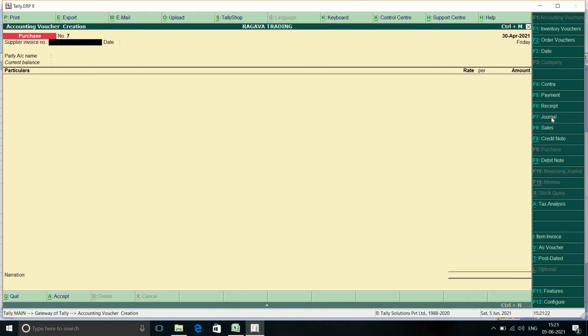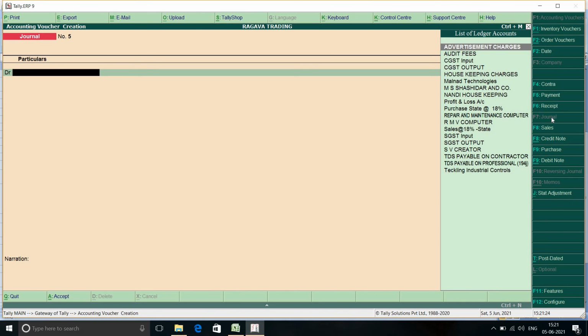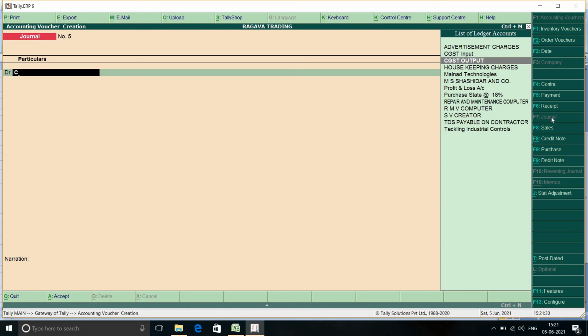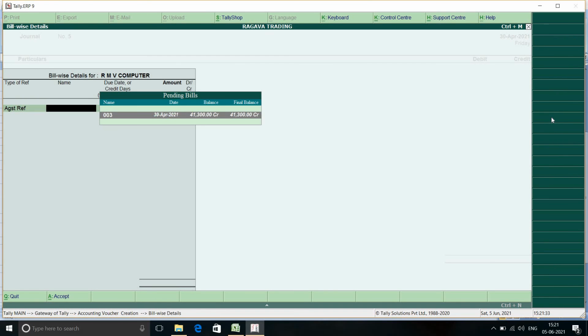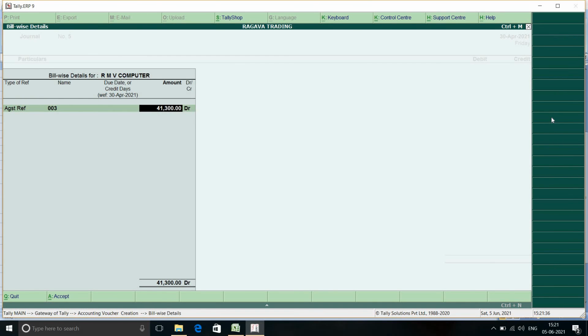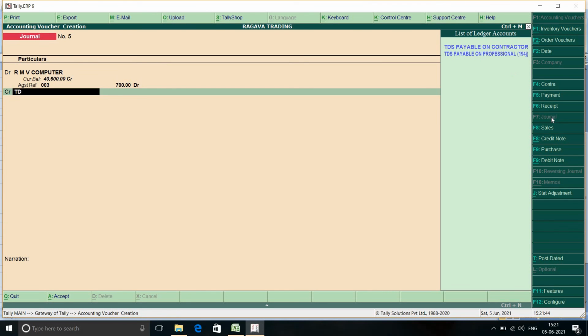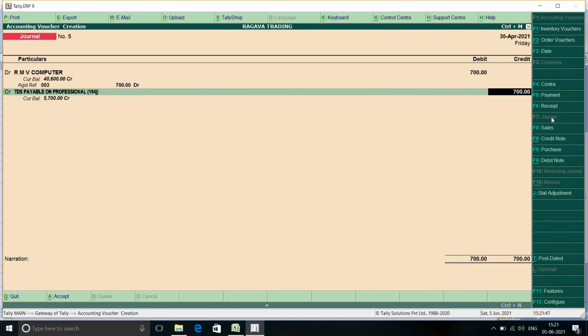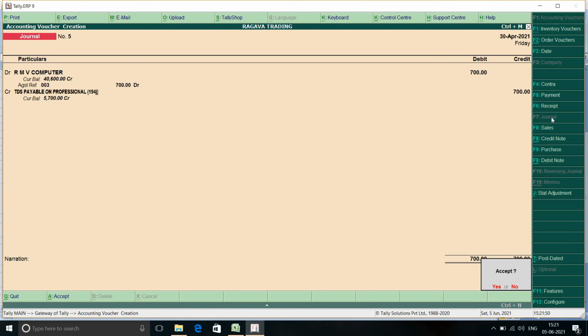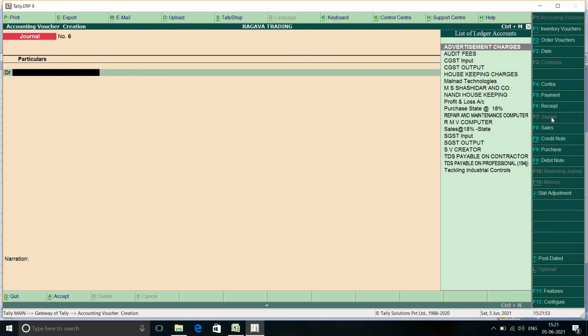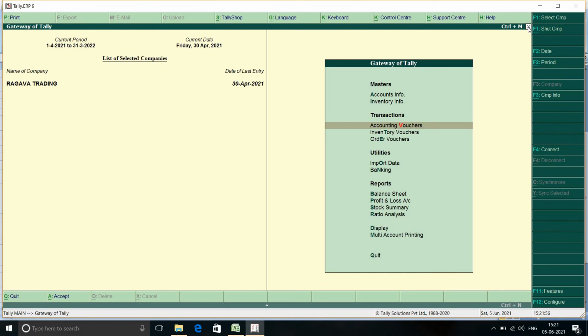Then the journal entry for RME computer. 35,000 at 2%, technical service 2%, is 700 rupees. TDS payable on professional or technical 194J. See, you have to pass the journal entries like this. In the next class, I will explain other sections also. Thank you.